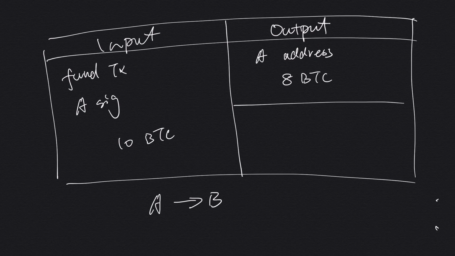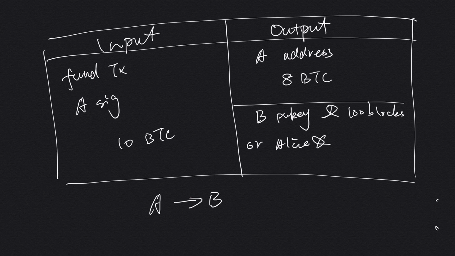And another output, this is the tricky part, allows Bob's public key plus, as we just said, some block height or block age, like 100 blocks, or Alice's public key and Bob's revoke public key. And this, for example, has 2 BTC.